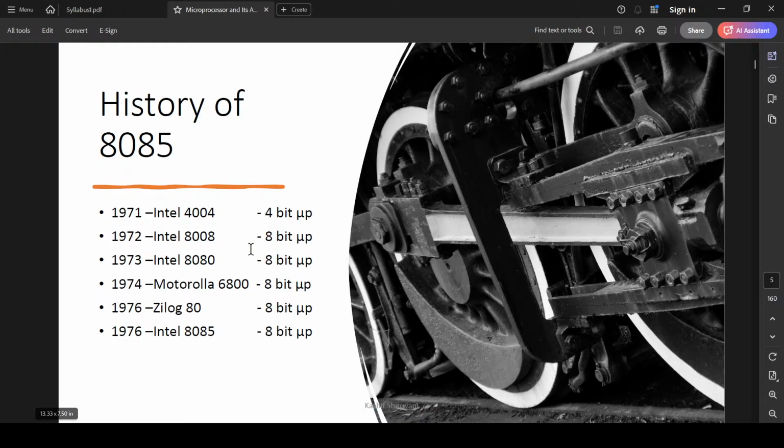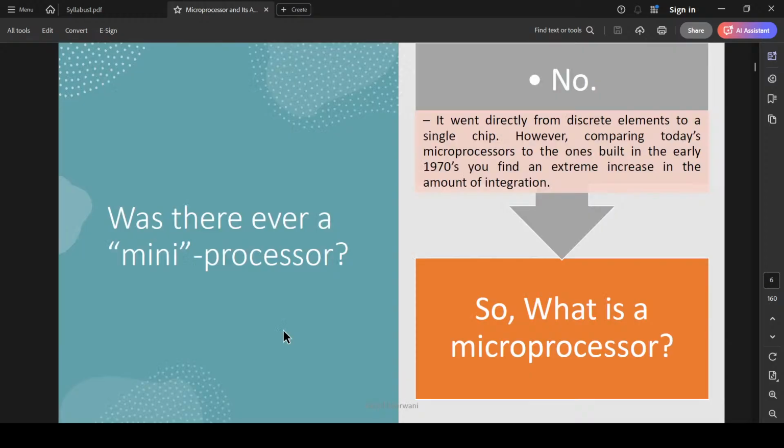Then Motorola, a new player, had the 6800, 8-bit. Then this company Zilog with the Z80, I don't know much about this company, but it did some work. And then we have Intel 8085, the protagonist of this live stream. It was an 8-bit microprocessor.